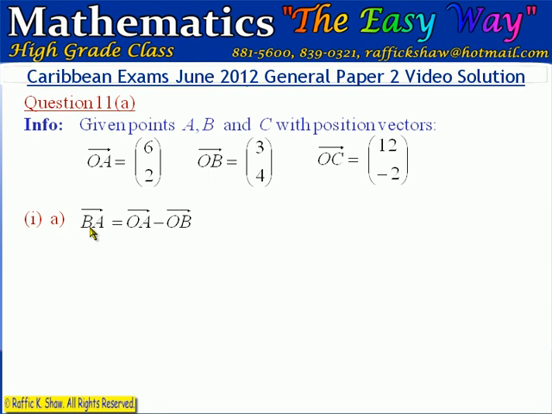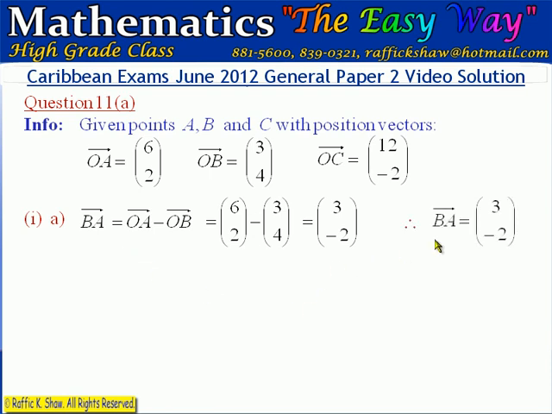So we can show that OA, which is (6, 2), minus OB, which is (3, 4), reduces to 6 minus 3 is 3, 2 minus 4 is -2. Therefore, the vector BA is (3, -2).